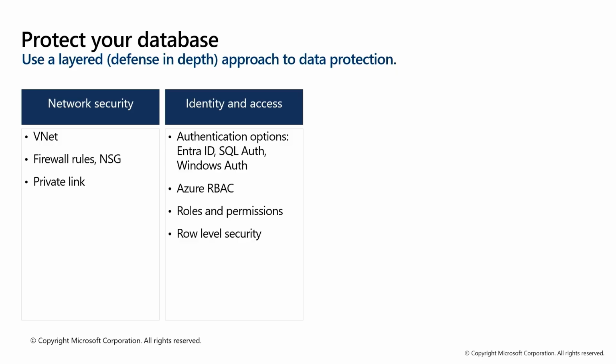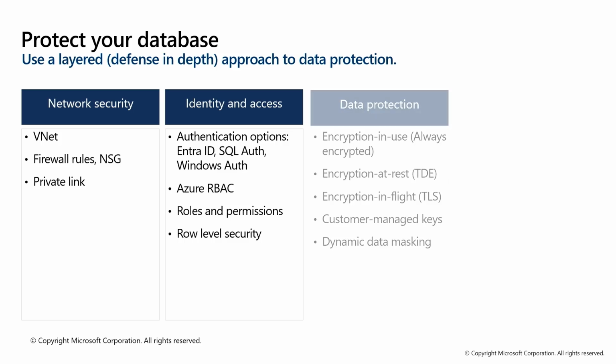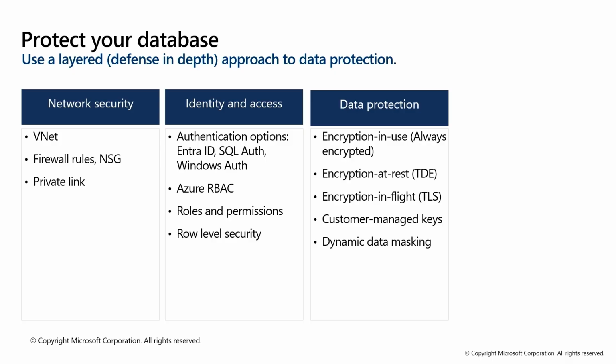From identity and access perspective, we can consume authentication from Entra ID, allow access granularly with role-based access control. For data protection, we can discuss about encryption at rest, transparent data encryption, encryption in transit, TLS, and encryption in use, always encrypted.